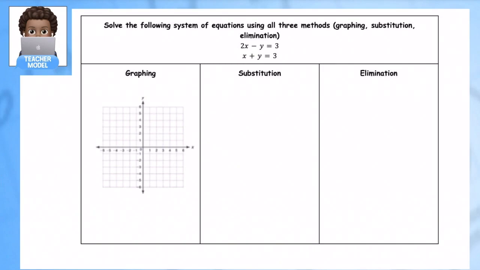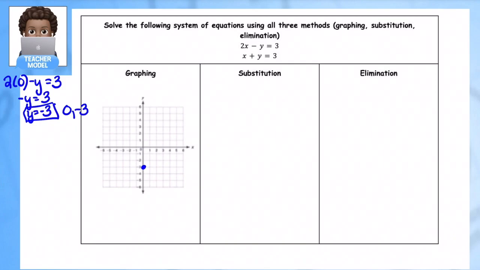So let's say I want to solve this system of equations using graphing. I just need 2 points, so I'm going to find the intercepts. And so I'll start by substituting when x equals 0. So my first point is (0, -3).